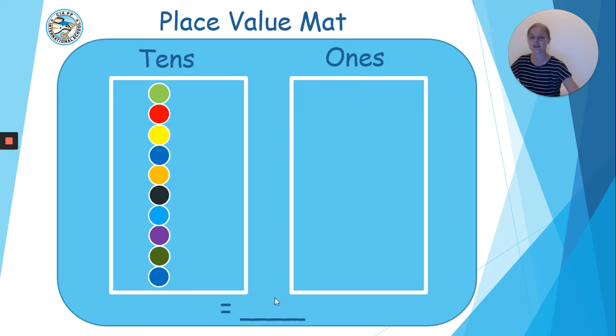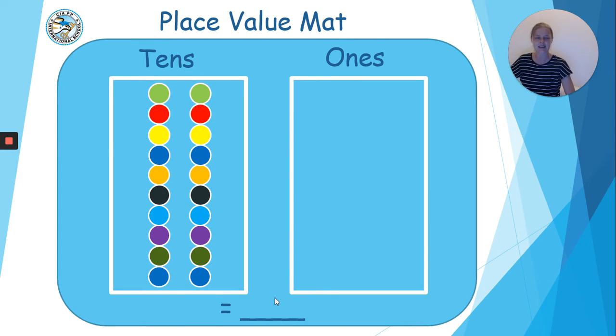In this box, we have how many tens? Do we have just one this time, or do we have 2 sets? Yes, well done. We have 2 sets. How many ones do we have? So we have 2 sets of tens.